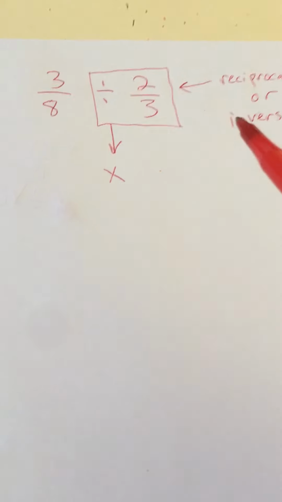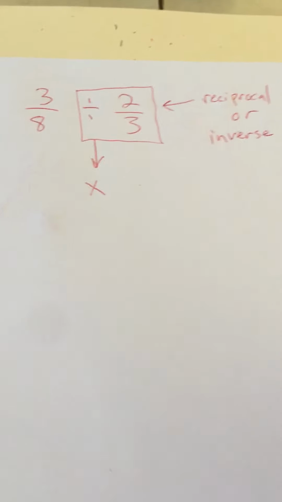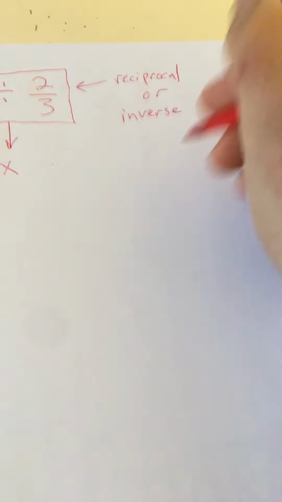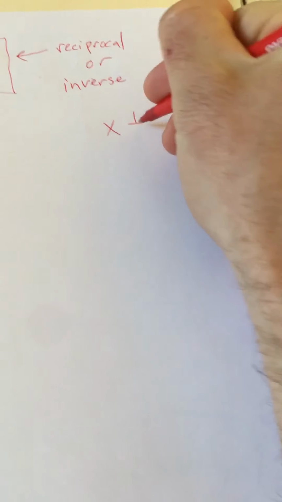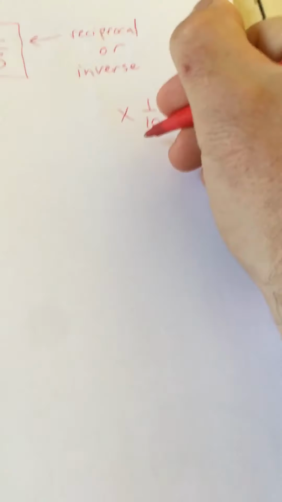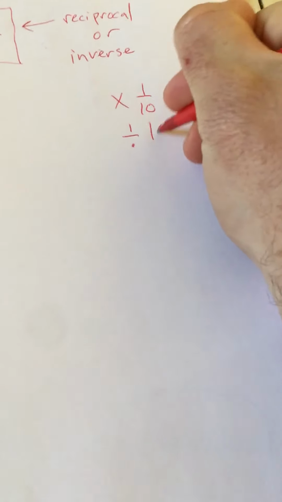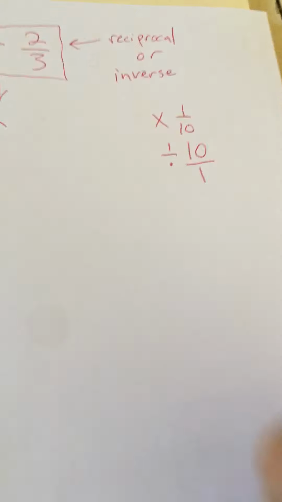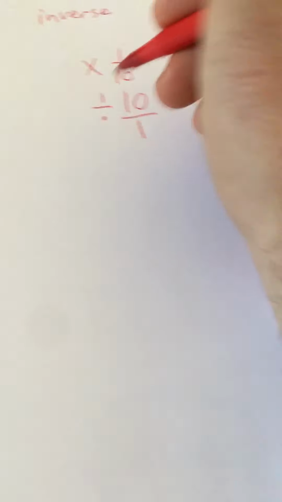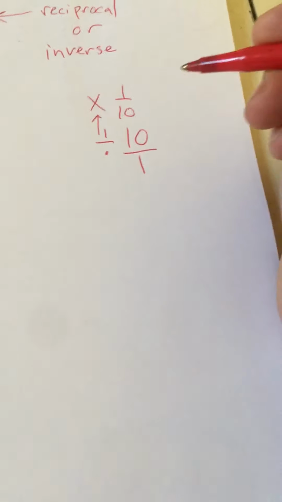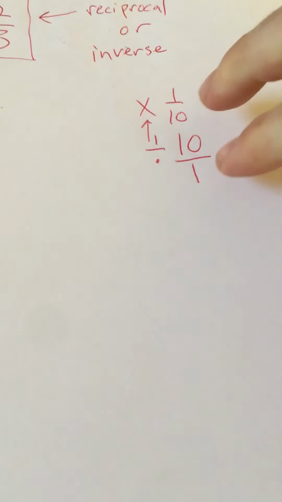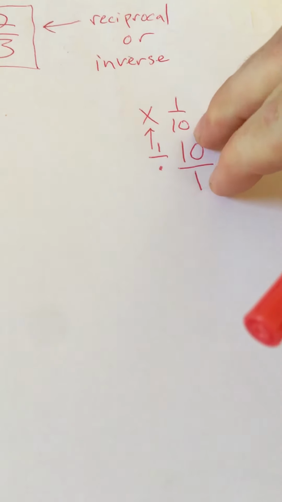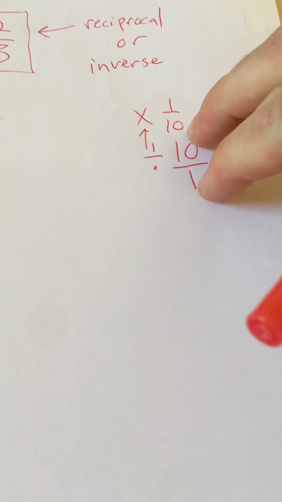Let's just review. When we multiply times 1/10, it is the same thing as dividing by 10. And 10 wholes can be written as 10 over 1. So dividing by 10 is the same thing as multiplying by 1/10. If you change division to multiplication, you can just flip this. The 10 becomes the denominator and the 1 becomes the numerator.